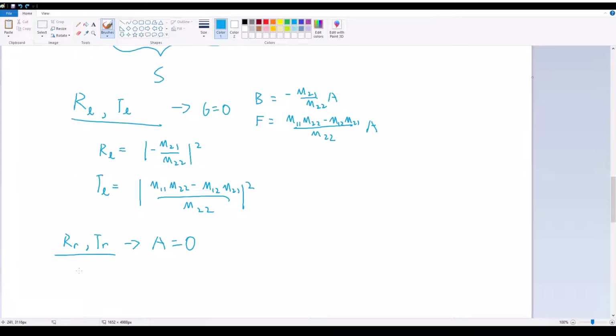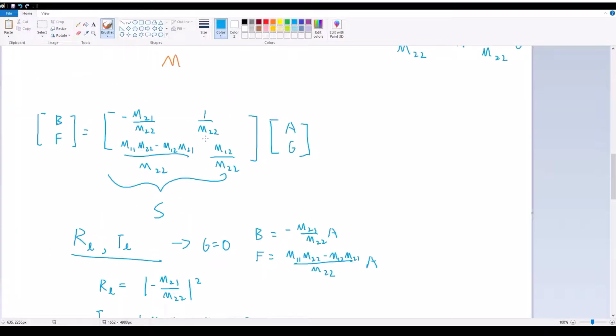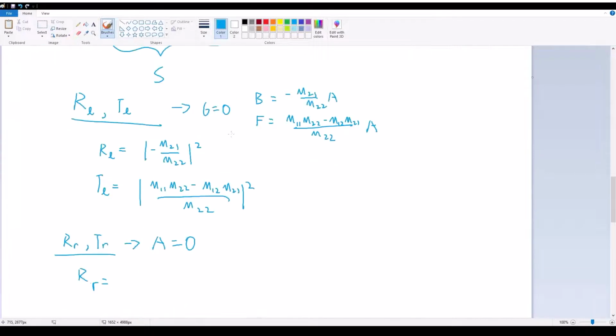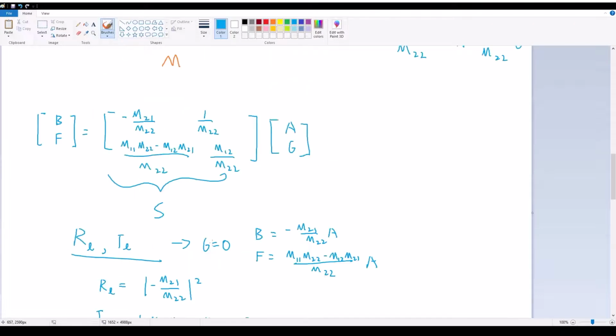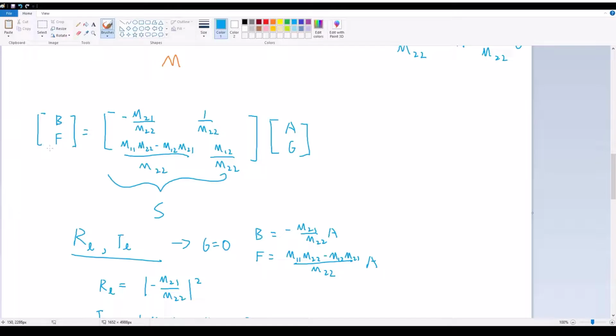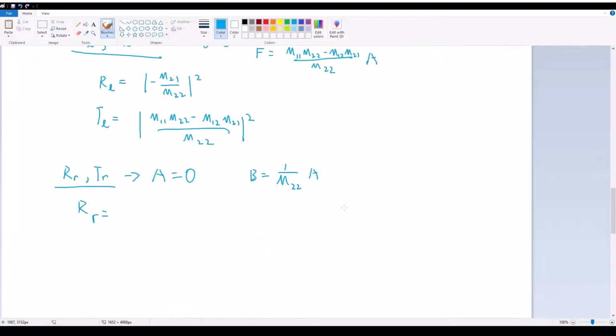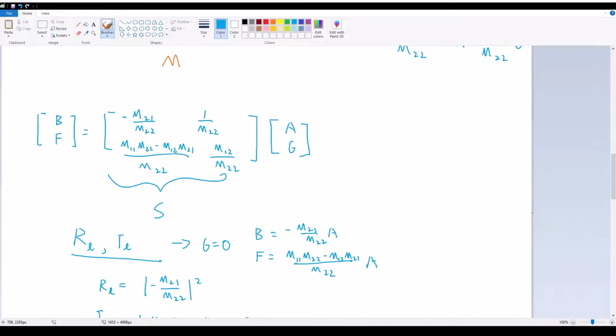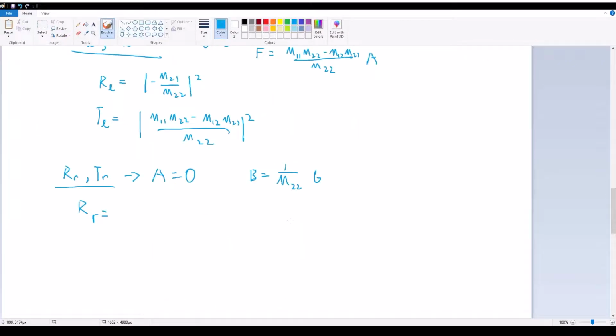By the same logic, for reflection from the right, our two expressions are B is equal to 1 over M22 times G, or sorry, not A, G, because A is equal to 0. And then we have F is equal to M12 over M22 times G.